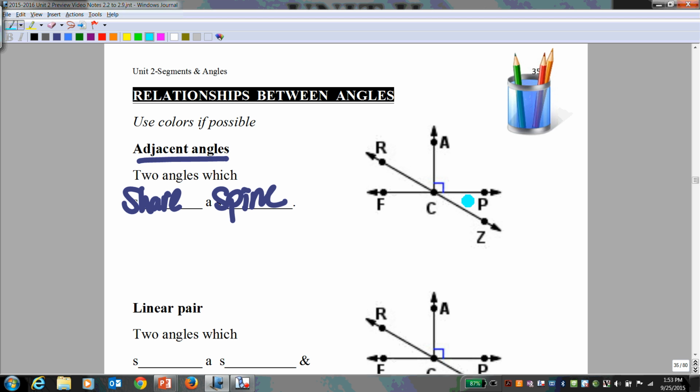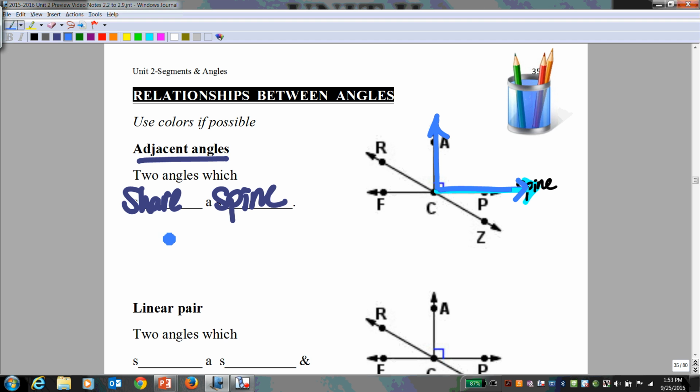For example, just darken CP. Write the word spine. Therefore, two adjacent angles is any two angles that share the same spine. There are always several examples of this; I'm just giving one.